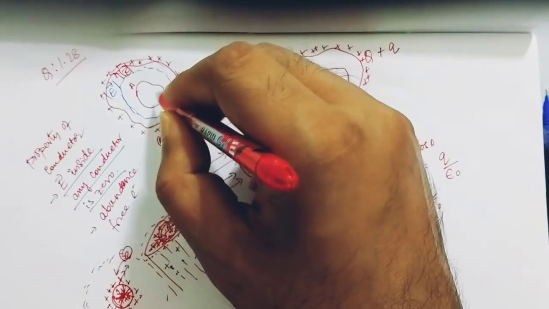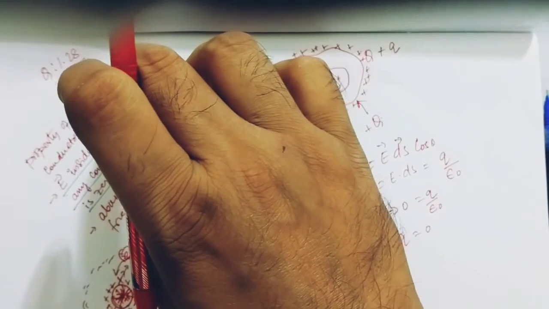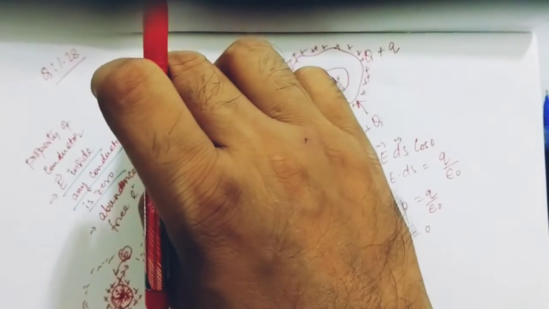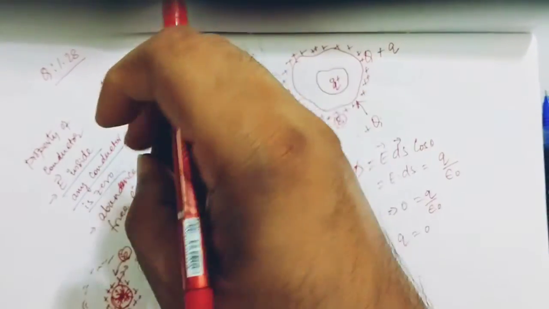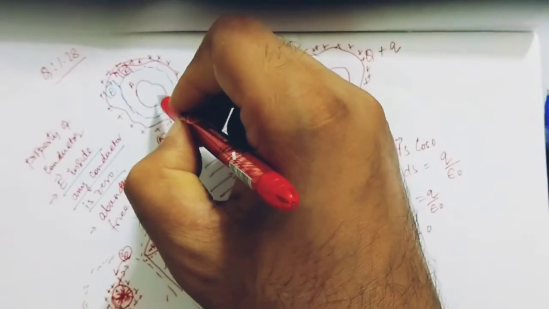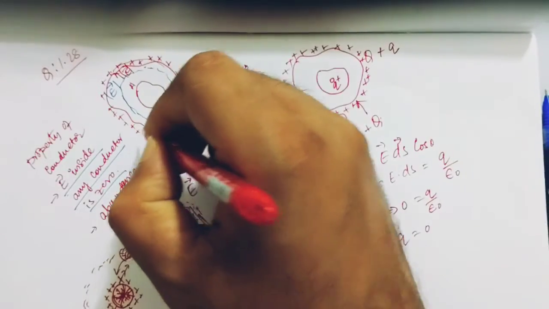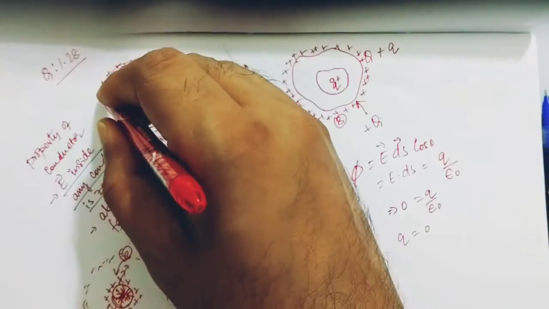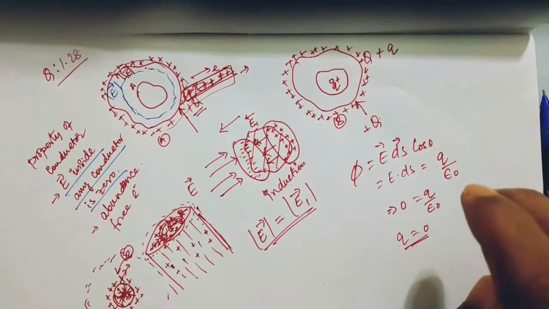If you push charge also, they could not penetrate inside the center. Within a nanosecond they will come out from the core and all these areas to the surface, and they will distribute themselves on the surface area only. So Q is 0 as per the Gaussian formula also, right?